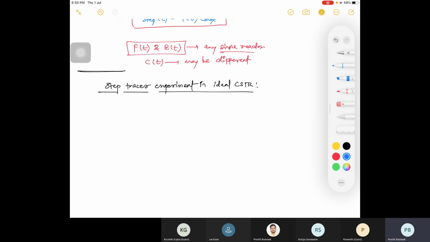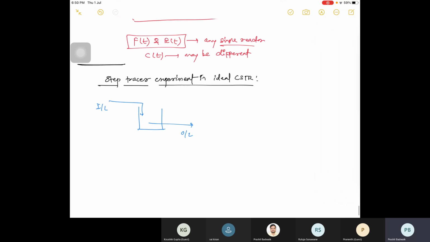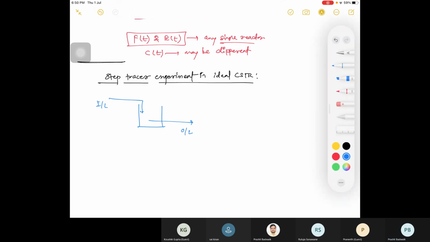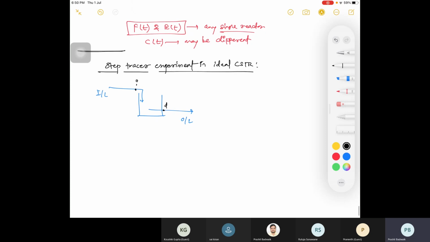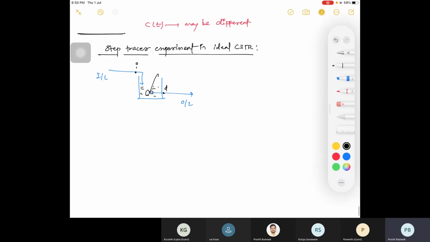Here there is the same term which we had earlier. There is accumulation of tracer. For timing, please consider it. This is your inlet, this is your outlet. Point of injection, point of detection, I, D. This is your system.